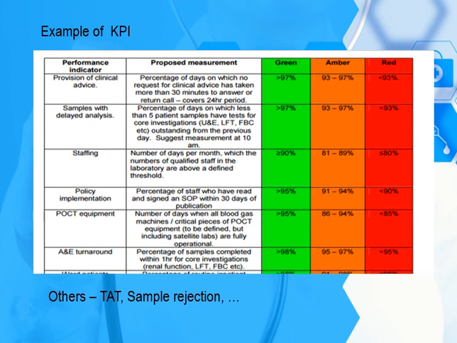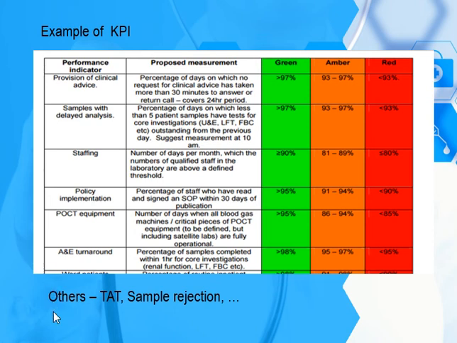So this is the example of KPI. KPI should be able to be measured. Okay, so this is the example of a KPI. If you look at the detail one by one, the provision of clinical advice, samples with delayed analysis, staffing, policy implementation, POCT requirement, and A&E turnaround time.